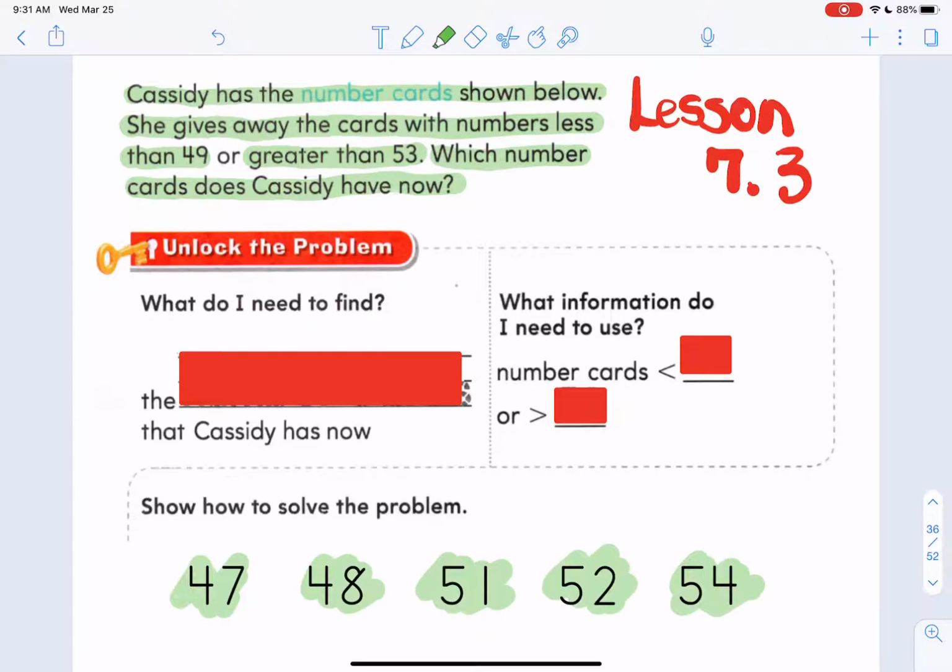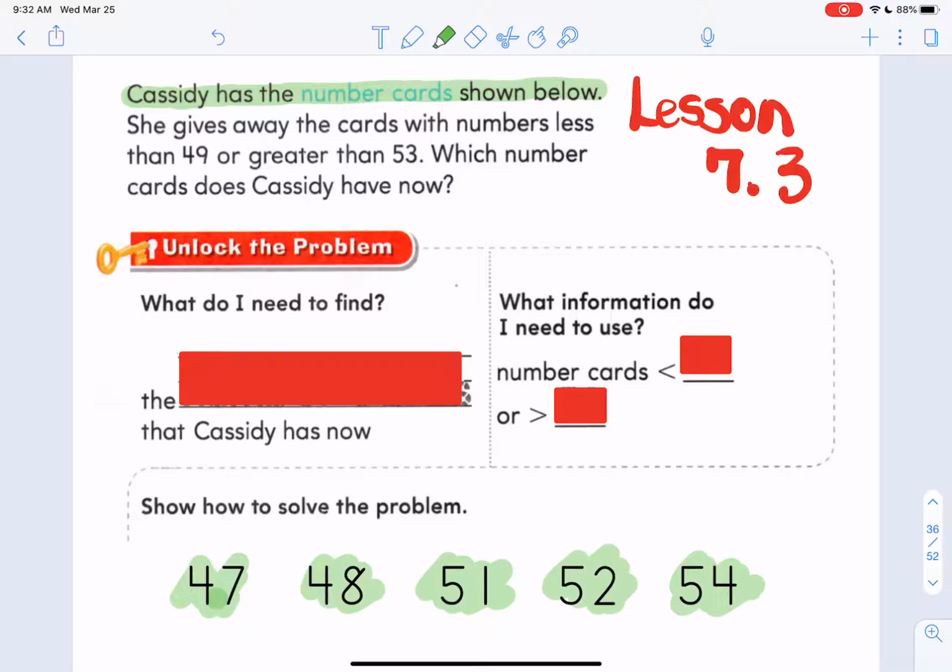Now, this is going to take a little bit of thinking, but you guys are so smart. I know you're going to be able to do it. Watch me work through this problem. One thing I like to do is read the problem more than once. Sometimes that helps. So I'm going to erase all this. Cassidy has the number cards shown below: 47, 48, 51, 52, 54.